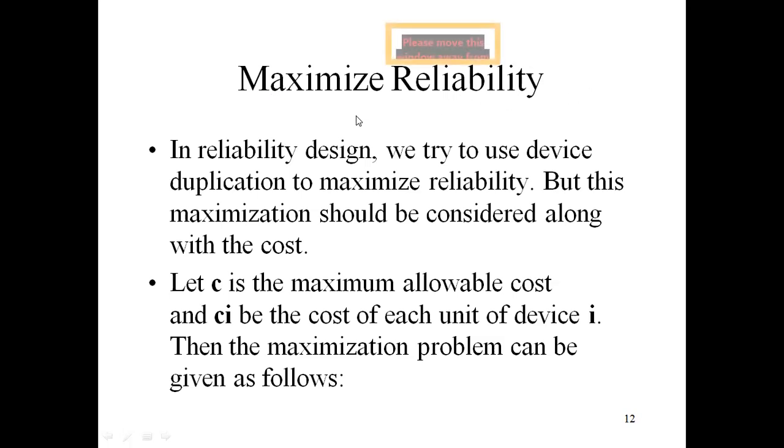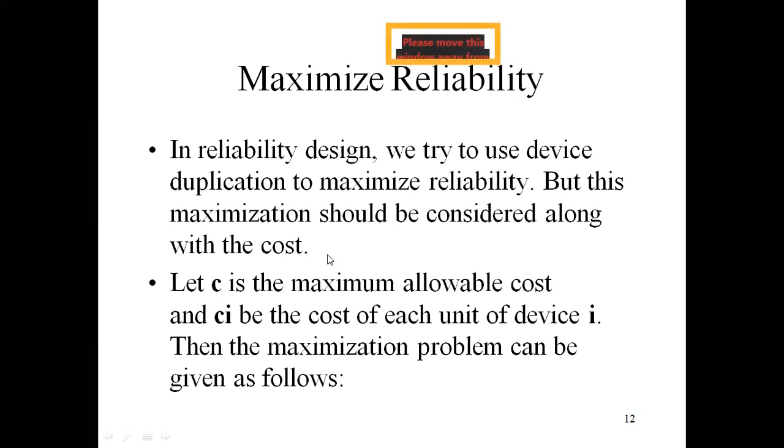That means we want the devices to function in a proper way, in such a way that we need to select the number of devices needed in each stage, in each type. So in reliability design, we try to use device duplication to maximize reliability. But this maximization should be considered along with the cost of the device.